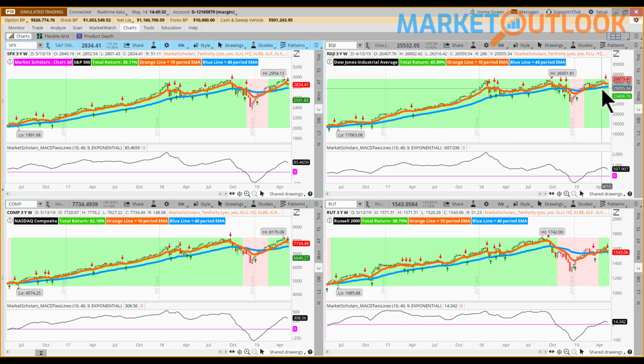But anyway, it's not just the Dow now that is showing us that red arrow like it was last week. If you look at the other 3 charts, notice there's a red arrow over this week's candle for the S&P 500, there's a red arrow over this week's candle for the NASDAQ composite, and there's a red arrow over this week's candle for the Russell 2000. So all 3 of those joined the Dow by showing us some deterioration in price action.